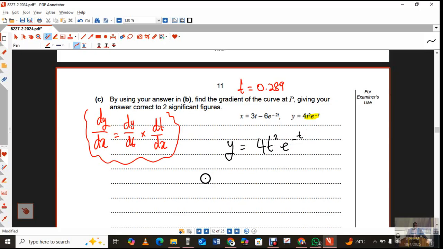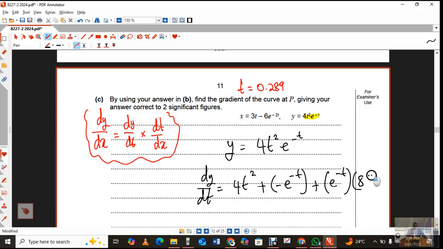Product rule. What does the product rule say? dy/dt. The product rule says keep the first one, 4t squared, plus the derivative of this one, which is negative e to the minus t, plus keep the second, e to the minus t, times the derivative of 4t squared, which is 8t.